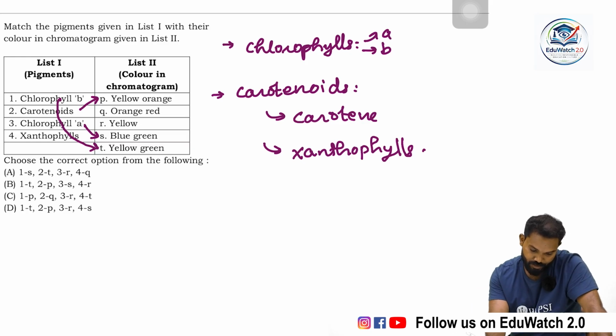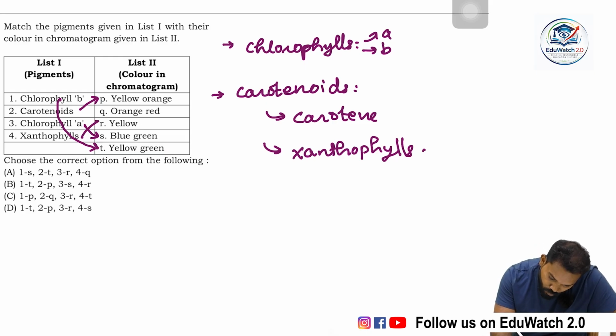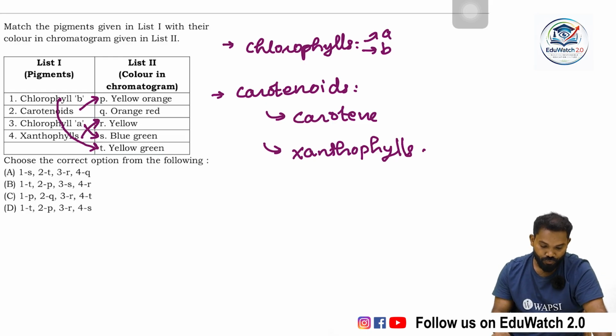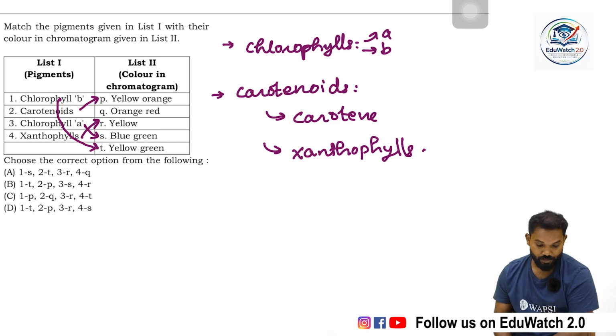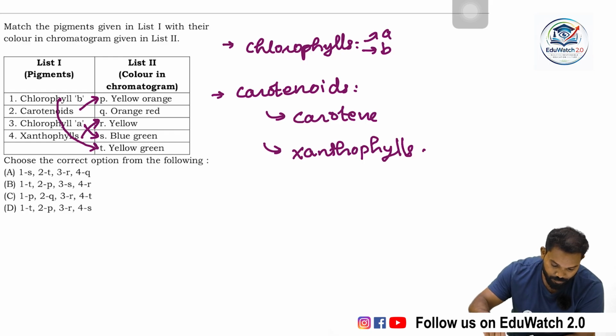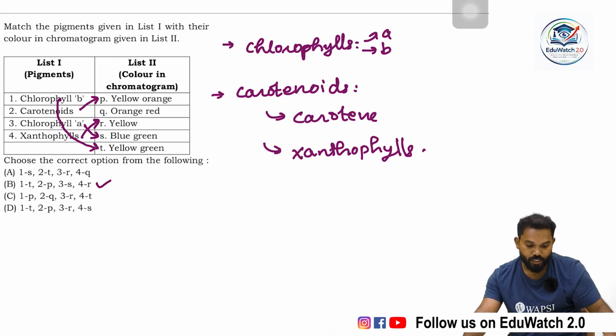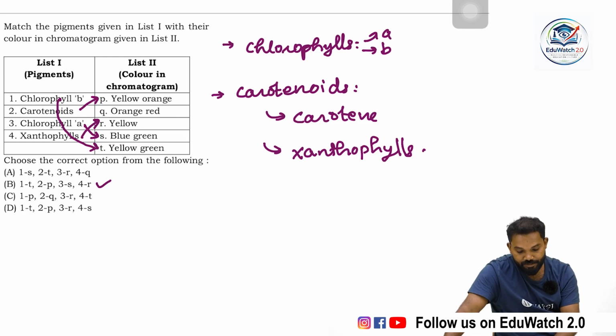Xanthophyll gives yellow. Chlorophyll B gives yellow green. Carotenoid gives yellow orange. Chlorophyll A gives blue green, and xanthophyll gives yellow. So the right answer is option B: 1T, 2P, 3S, and 4R. So the answer is B.